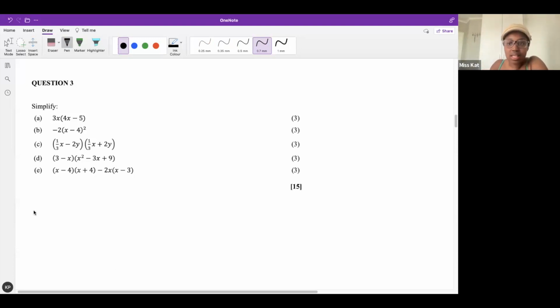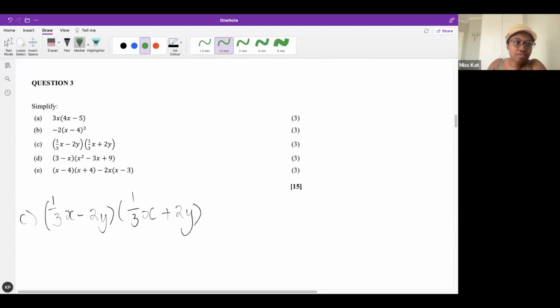Now let's start with C because you guys wanted C and D. So C is 2 brackets. While I write these down, I want you guys to tell me how we're going to simplify it. We use FOIL. Beautiful, Kwezi. X plus 2y. Nice. So what does FOIL stand for, for all those people who might not have heard it before?